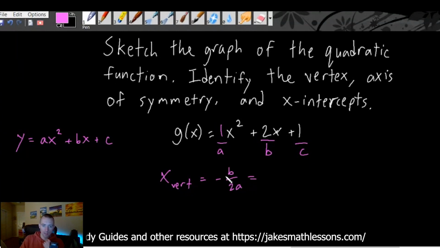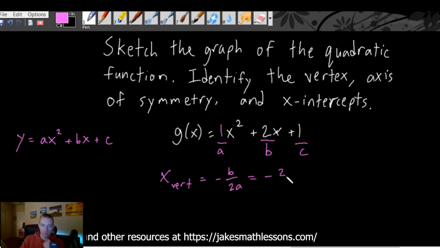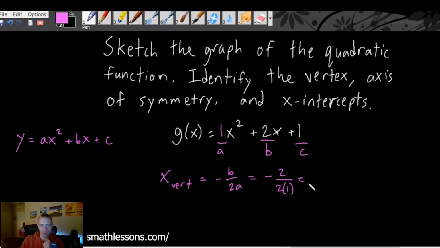So in this case, negative 2 over 2 times 1. Now we can simplify that down. Negative 2 over 2 times 1 is negative 2 over 2, which is negative 1. So the x coordinate of our vertex is x equals negative 1.